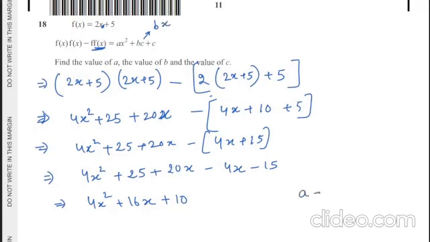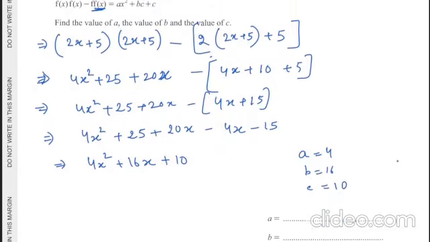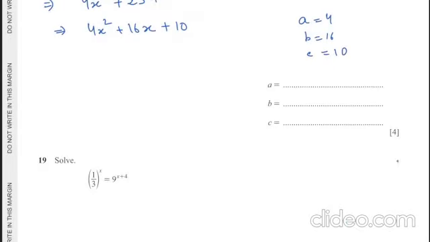So therefore the value of A is 4, B is 16 and C is 10. A, B, C: 4, 16 and 10. Okay, let's move to the next question now.